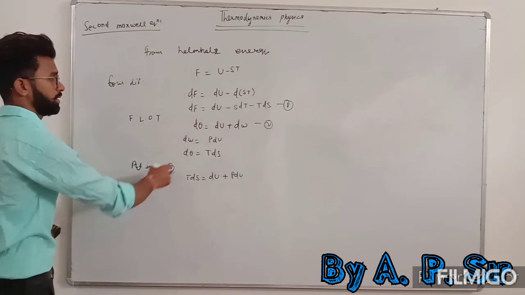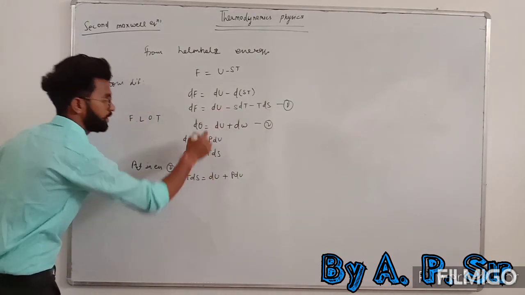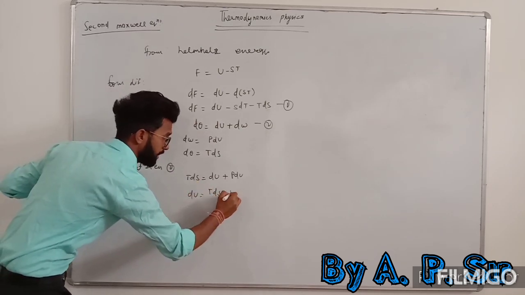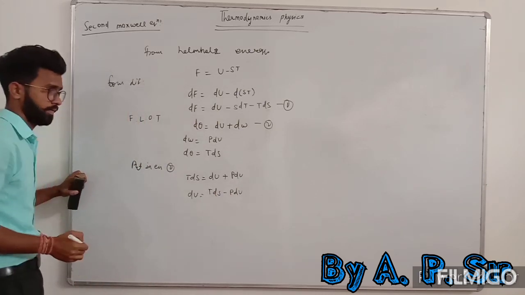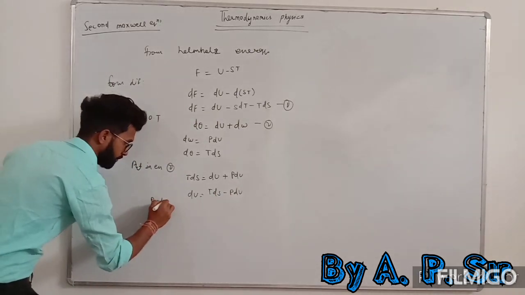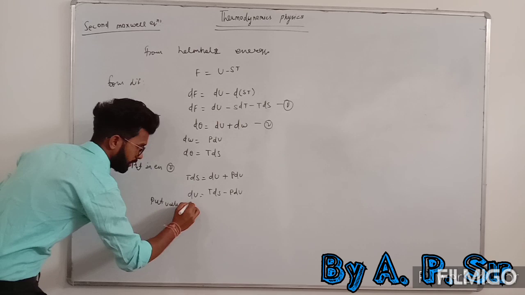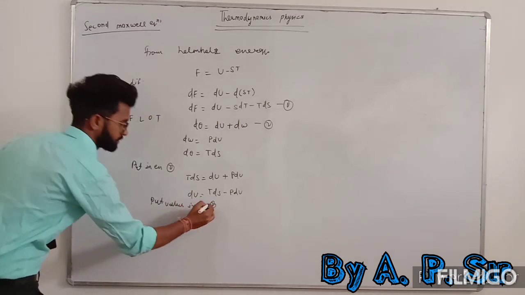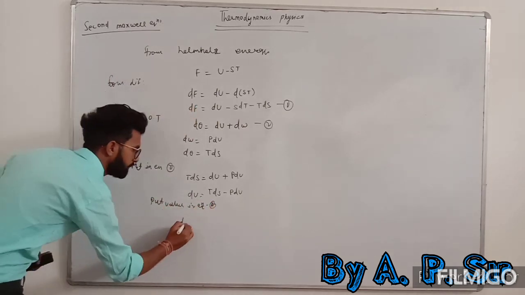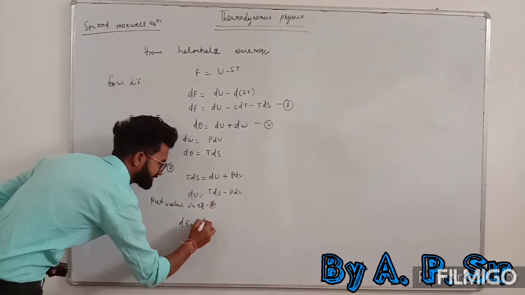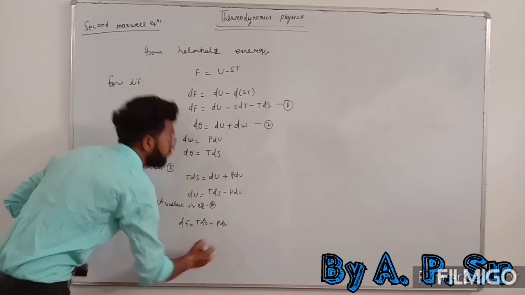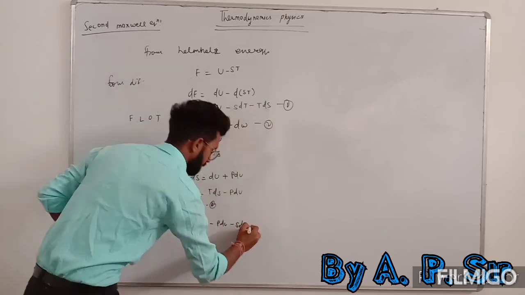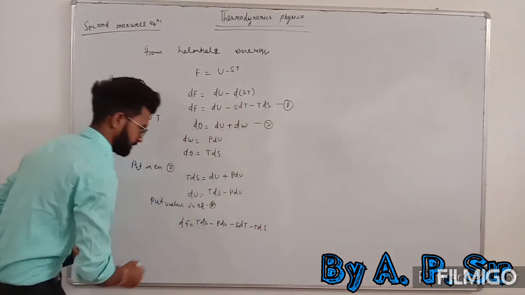Then we put the value of dU there. So dU equals TdS minus PdV. We put this value in equation first. dF equals TdS minus PdV minus SdT minus TdS.